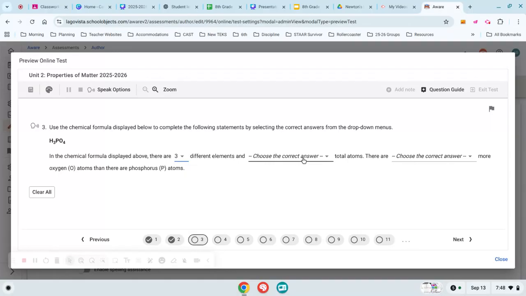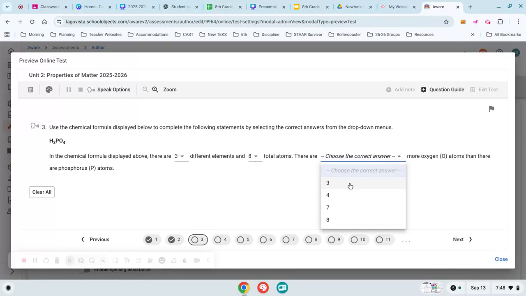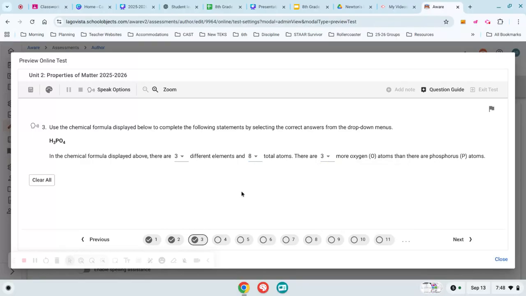And blank total atoms. So I have 4, 5, 6, 7, 8. There are blank more oxygen atoms than there are phosphorus. Oxygen has 4, phosphorus has 1. So 4 minus 1 is 3. And that's all you had to do for that one.